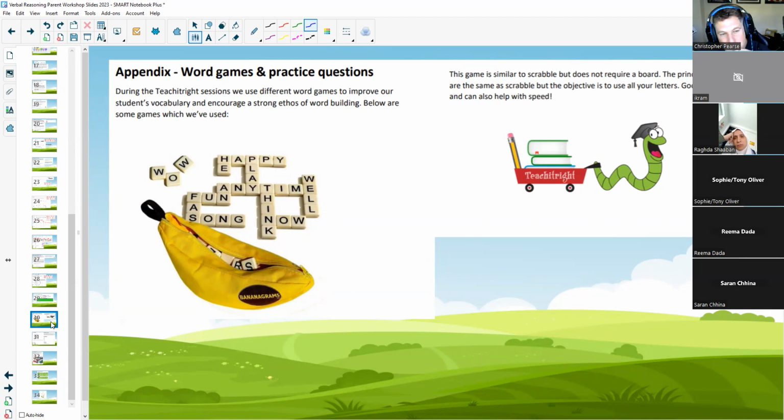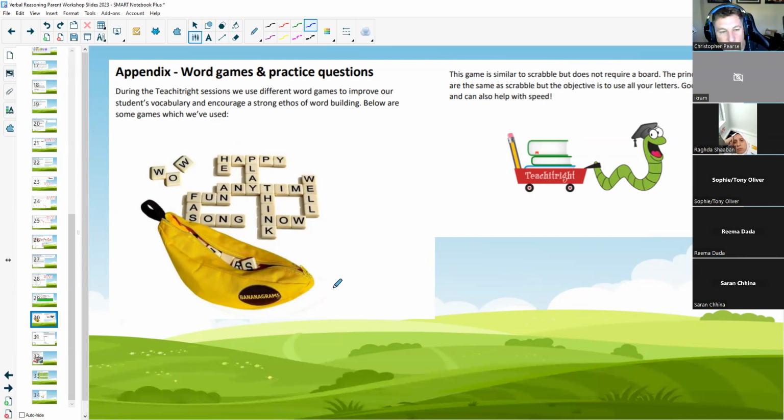And it's good fun. If they can't use a letter, they dump it back in the banana and they have to choose three more. The words have to be linked together, as you can see there on the screen. You can't spell words backwards, and the player who uses all of their letters up first is the winner.